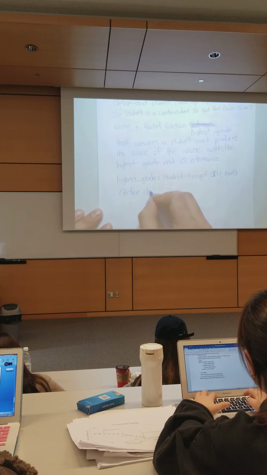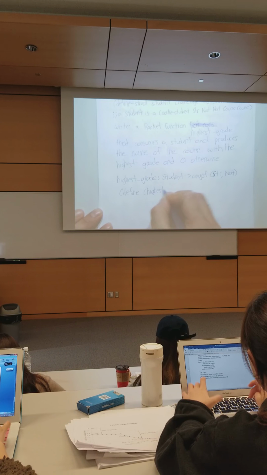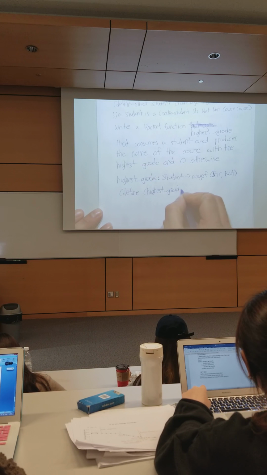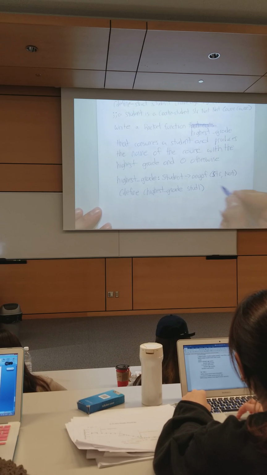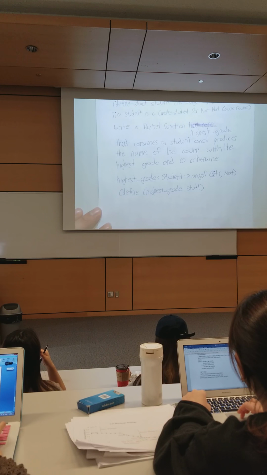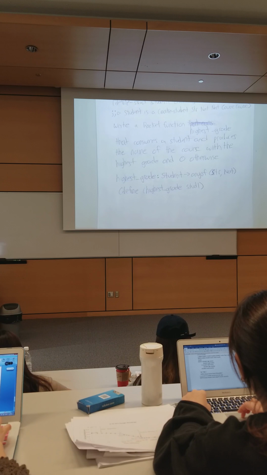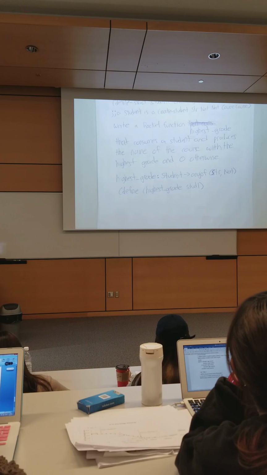Define highest grade, and it consumes a student. We'll call it stud1. And what are we doing? Well, anytime you're programming a question, always ask yourselves, what is going to be produced?